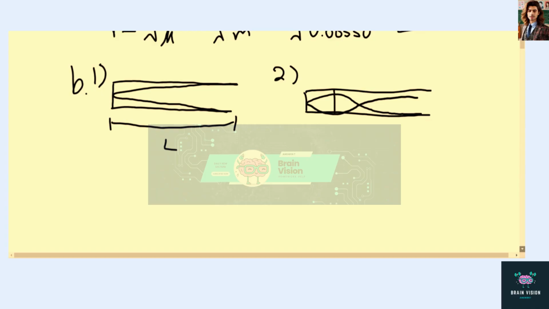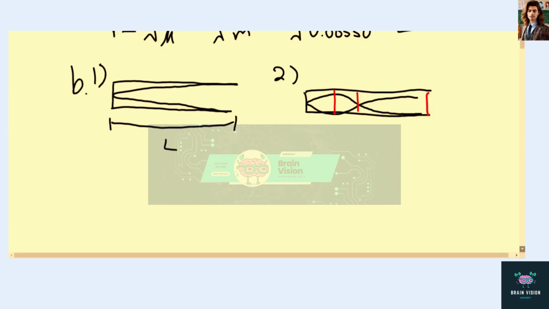So we have a node going to an antinode. That's 1. I'll draw this in a different color. Then from an antinode back to a node, and then from a node to an antinode. So we actually have 3 lengths.